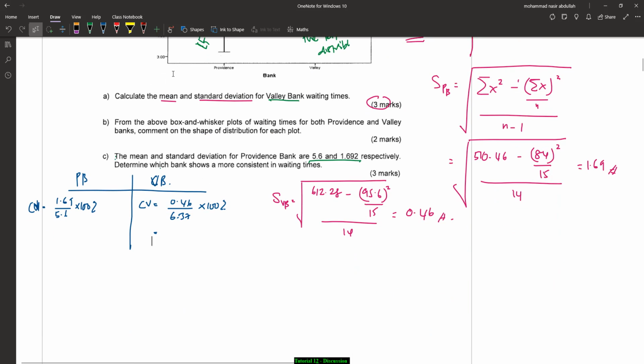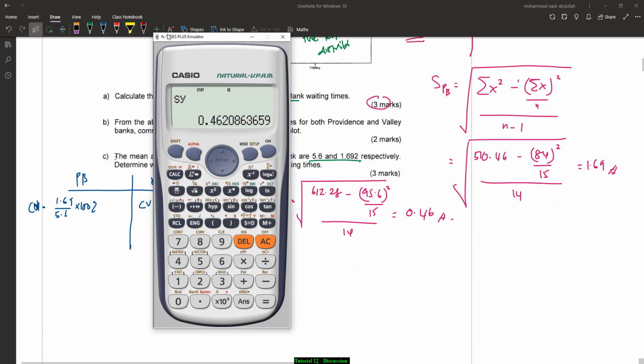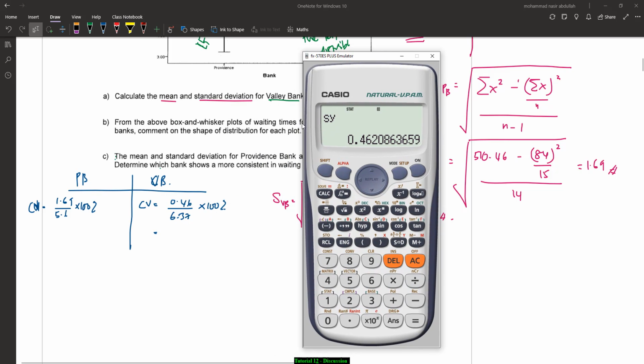So calculate this value. You dah calculate kan? Berapa ni for PB?